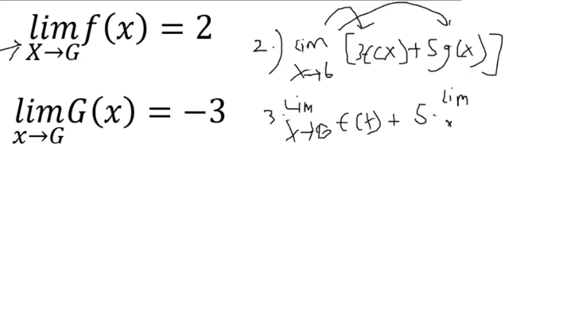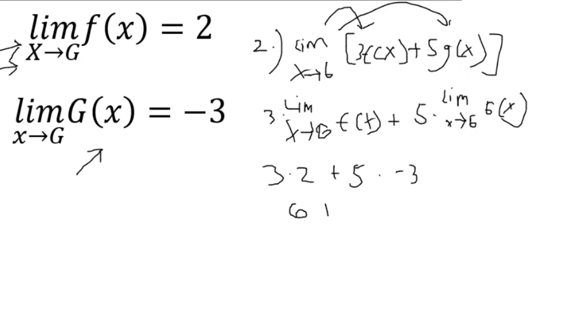And here we have the limit as x approaches g of g of x, and after this we're just going to replace them with our values. The limit as x approaches g of f of x equals 2. And 5 times the limit as x approaches g of g of x equals negative 3.